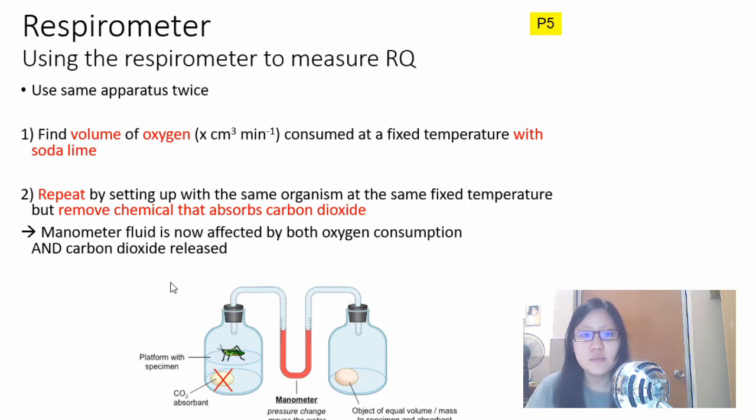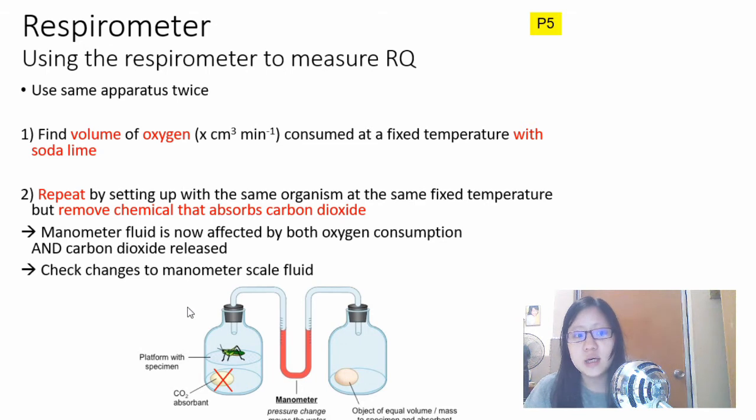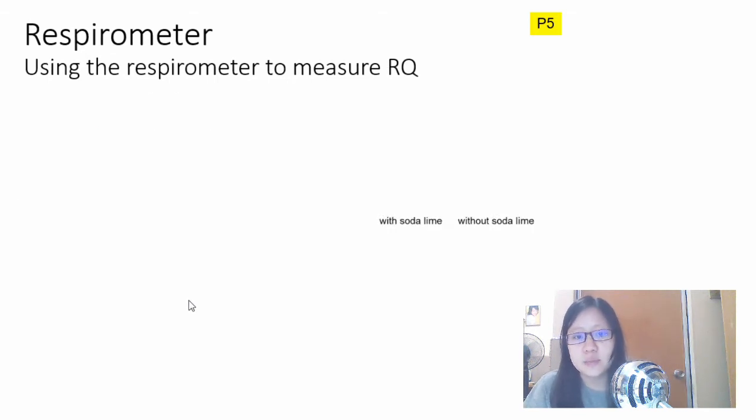So we do it twice, one with soda lime and one without soda lime. In one, we are looking for the volume of oxygen consumed. In the next one, we use the knowledge of the first experiment in order to find out how much carbon dioxide is released by the organism. So here are some examples.